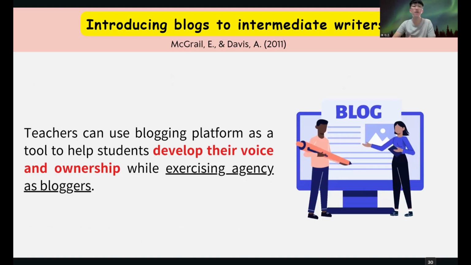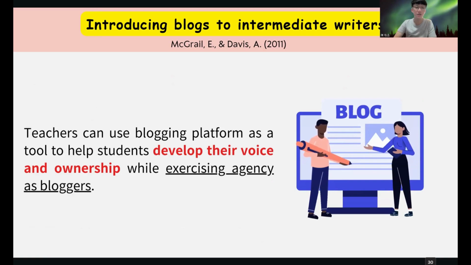And then from the research of McGrail and Davis, they say that teachers can use a blogging platform as a tool to help students develop their voice and ownership while exercising agency as bloggers. Agency means the doer of the action, right?